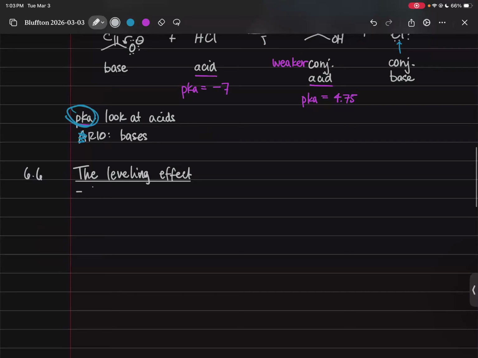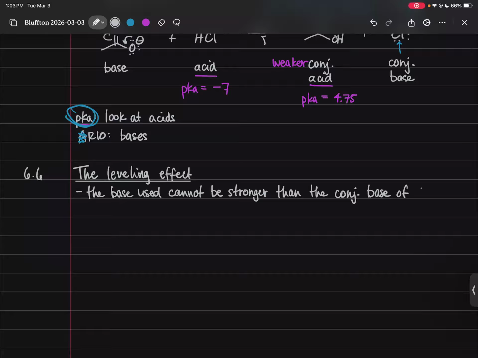And the leveling effect says that the base we use cannot be stronger than the conjugate base of the solvent that we're doing the reaction in.